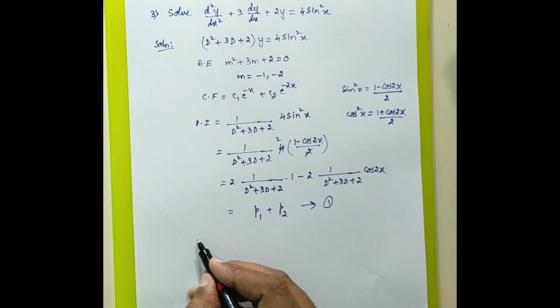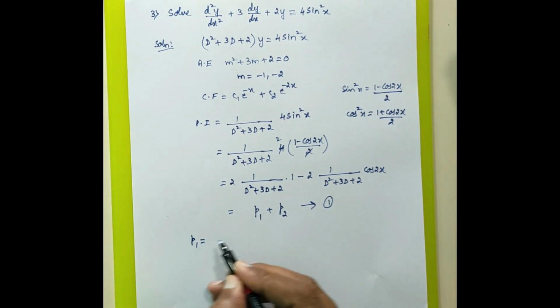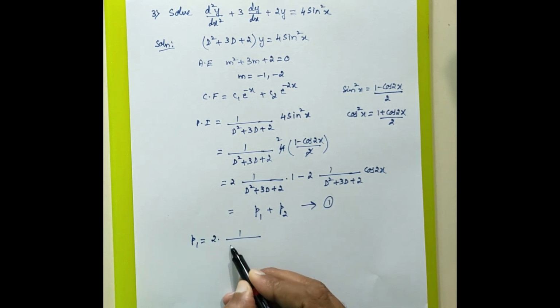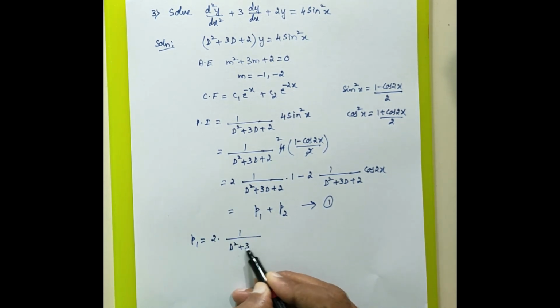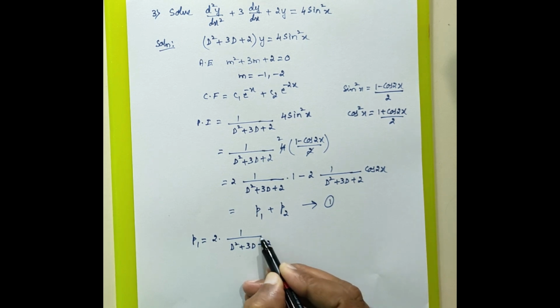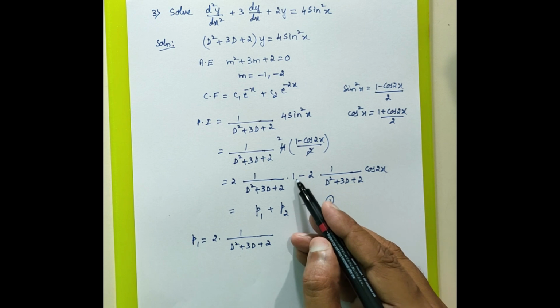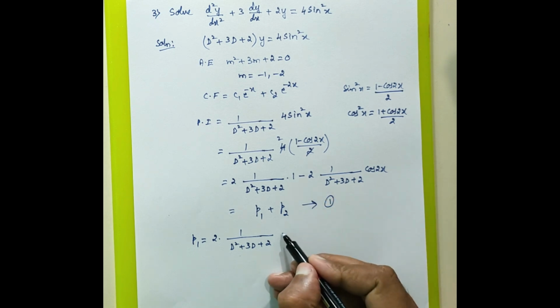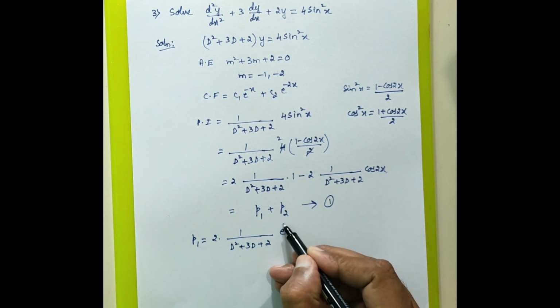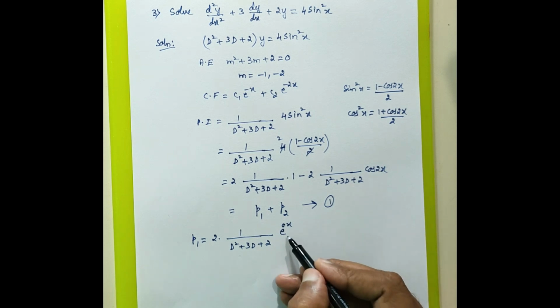The value of p1 is 2 times 1 by d square plus 3d plus 2 times 1. Now you don't have any particular integral formula for this constant, so can I write this as e power of 0 times x?